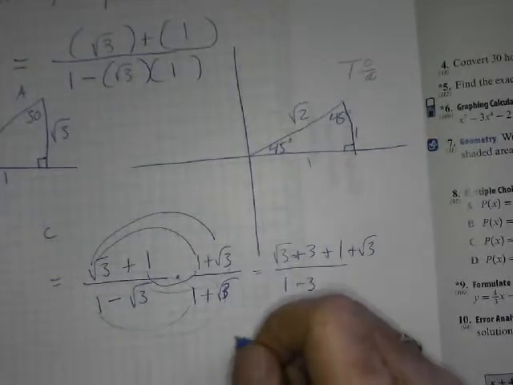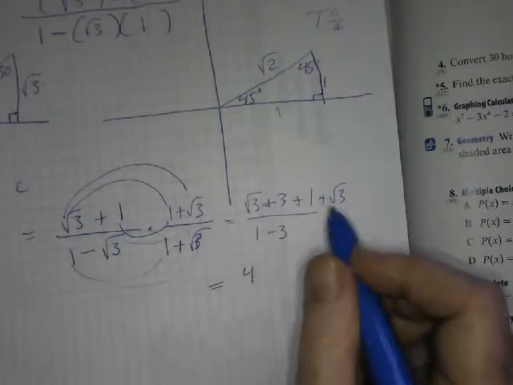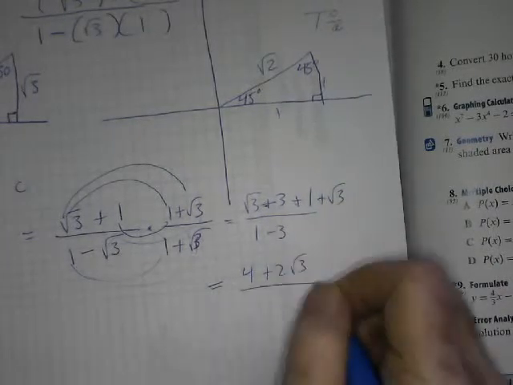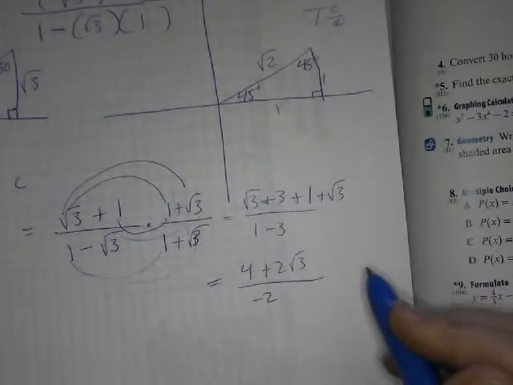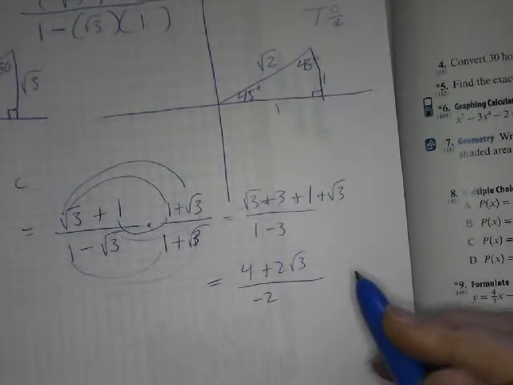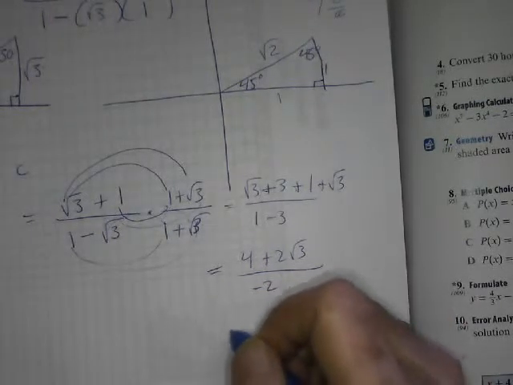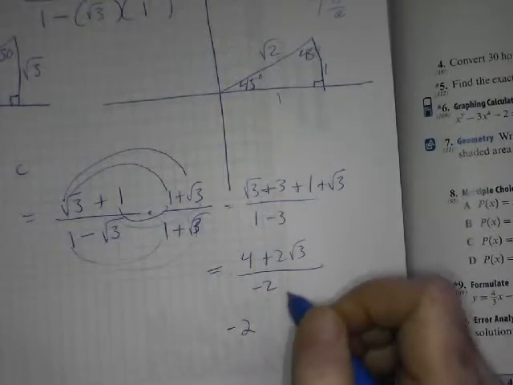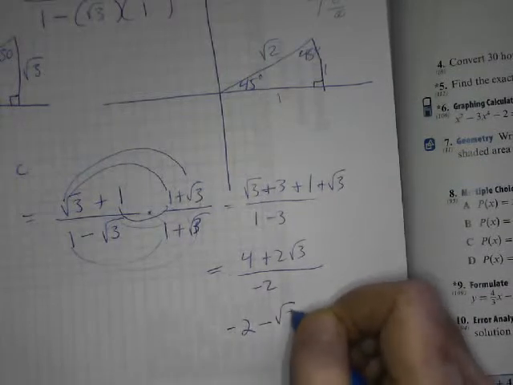So if I get that all cleaned up, there's 3 plus 1, that's 4. √3 plus √3 is 2√3. 1 minus 3 is negative 2. I can cancel my 2's out, and I'm going to bring this negative out front, so I'll have negative 2, and then I have to distribute it, minus √3 is what I'm getting.